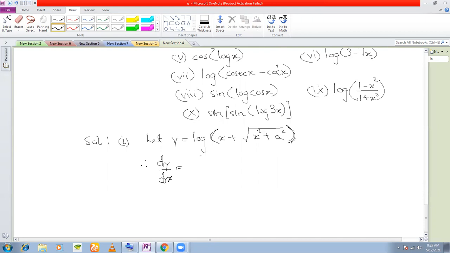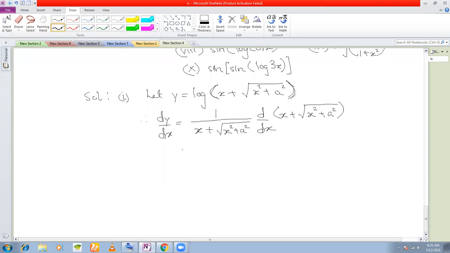What is the differentiation of log? d/dx of log x is 1 by x. So if you differentiate this, you will get 1 by whatever is within the log, x plus root x square plus a square. And then you differentiate what is within the log, that is into the d/dx of x plus root x square plus a square. And this is done. Now we shall simplify this.